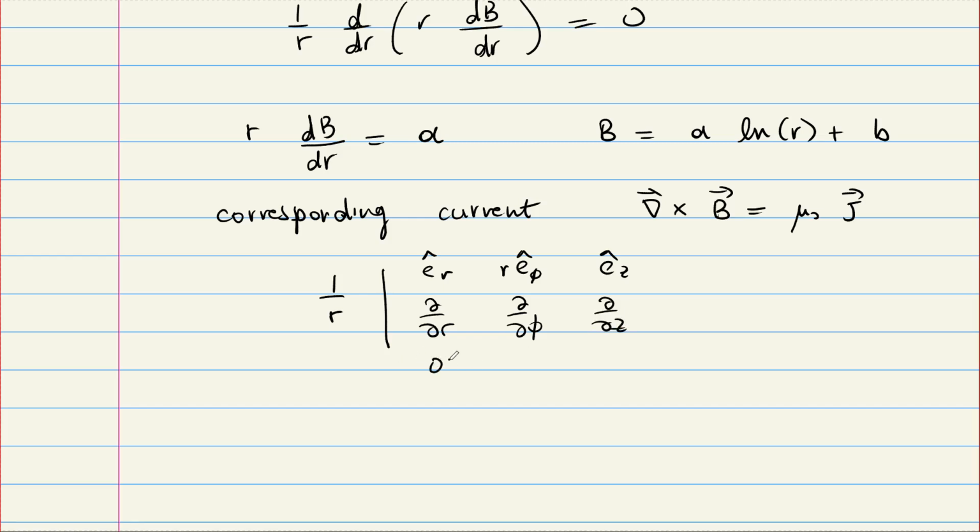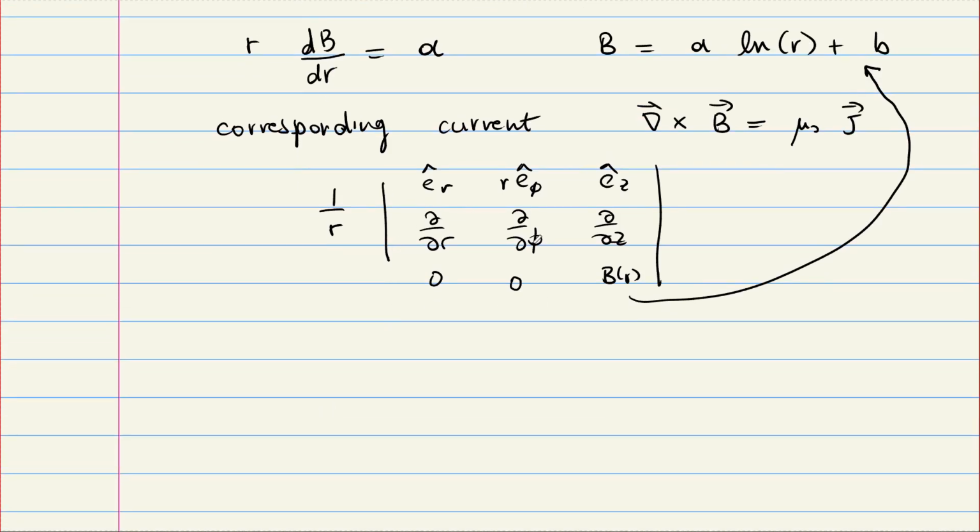So this component is 0, this component is 0, and we only have B of r here. And this B of r is this thing. Almost everything is 0, so you can just calculate J and find it to be minus a over mu 0, 1 over r e_phi.